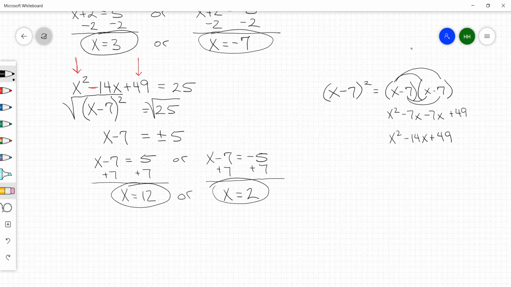No fun at all. Very time consuming. Lots of chances to make a very small mistake with a sign, which throws off your whole answer. So for now, we're dealing with perfect square trinomials and hoping that we can factor them.